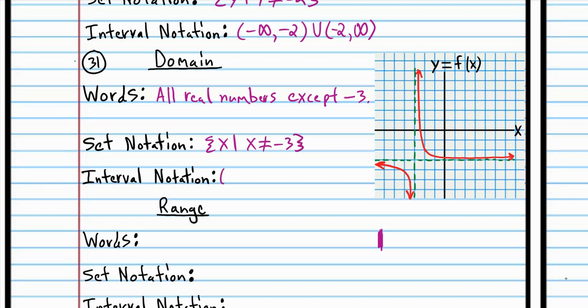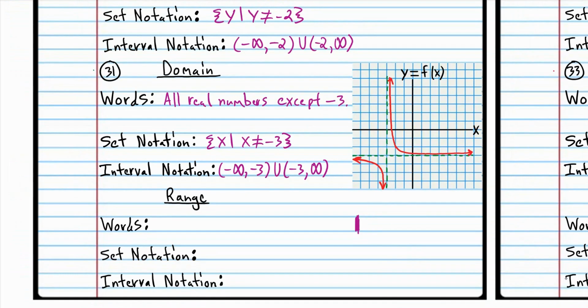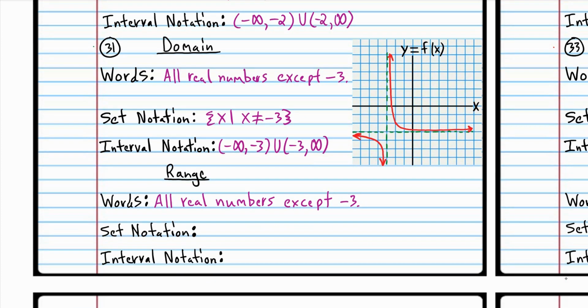And in interval notation, we write negative infinity, comma -3, and you get the point. Alright, and the range is all real numbers except -3. So the set of all y values such that y is not equal to -3.